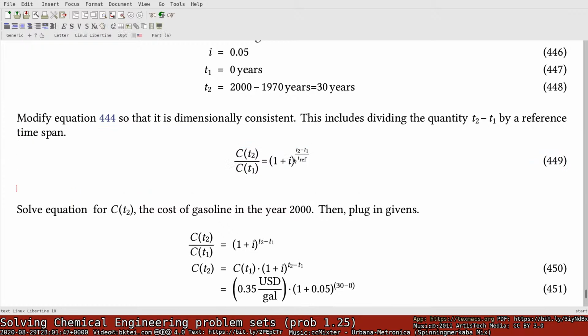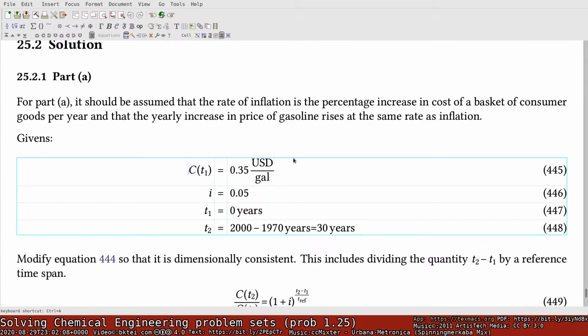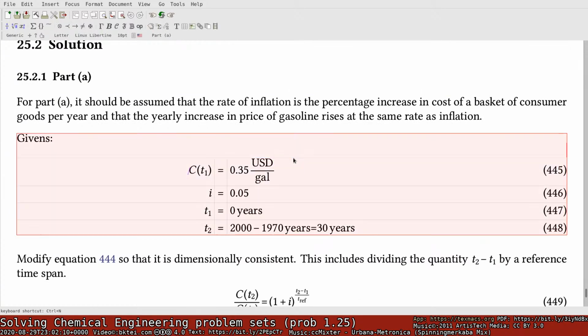Let's add the reference time here, and we'll explicitly state the variable that we're making. Let's move the givens.